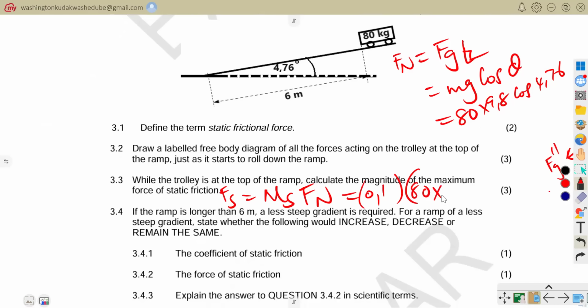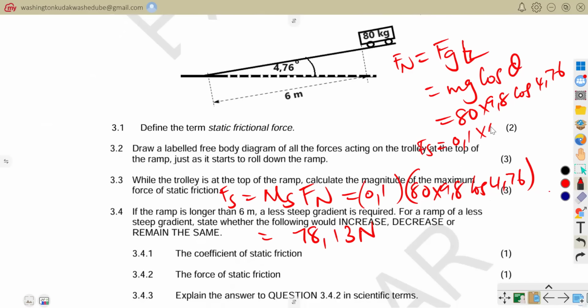That would be 80 times 9.8 cos of 4.76. So the total static frictional force would simply be equal to 78.13 newtons. That is the answer that you're supposed to find. If you use your calculators, this is going to be 0.1 times Fn, where this is your Fn, and you would find that answer.